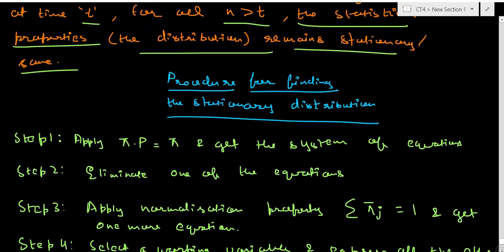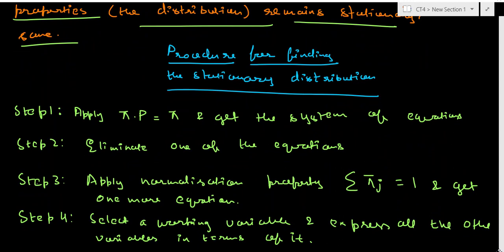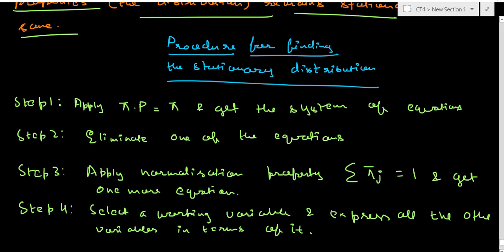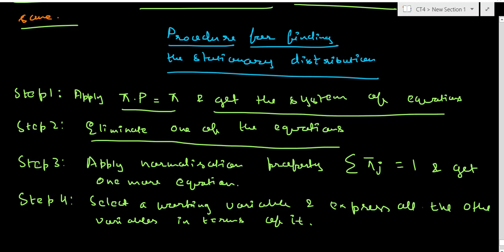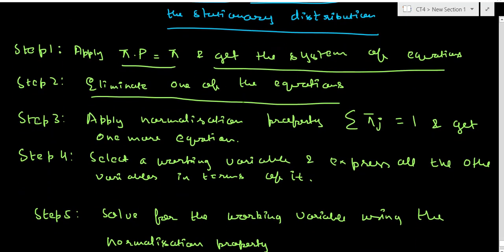The next thing is the procedure for finding a stationary distribution that we have already discussed. I've listed it in the form of a few steps. Step 1 is that we apply the property pi P is equal to pi, and then we get a system of linear equations. The next step is to eliminate the equation which is the most complex one. You can eliminate any equation, but it is preferable to eliminate the most complex one.